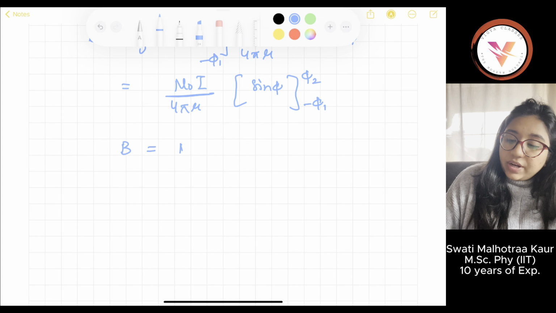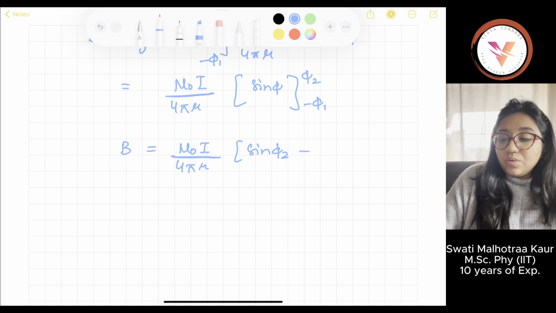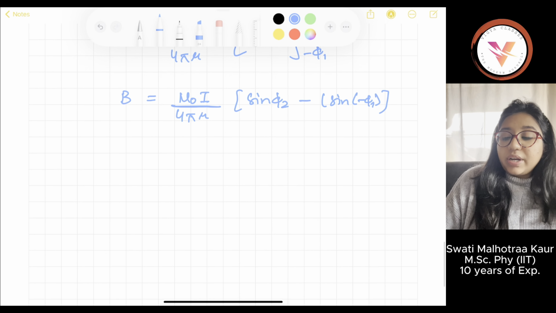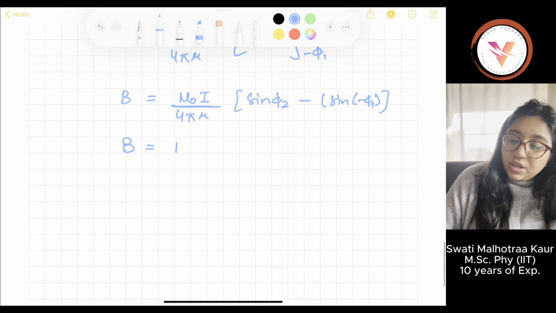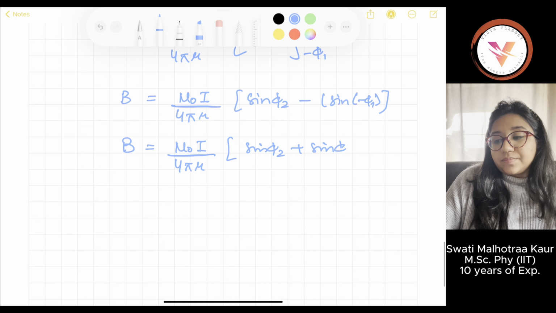So your magnetic field is mu naught I over 4 pi R, sin phi 2 minus sin of minus phi 1. You can take this minus sign out and it becomes positive. So B is mu naught I over 4 pi R, sin phi 2 plus sin phi 1.